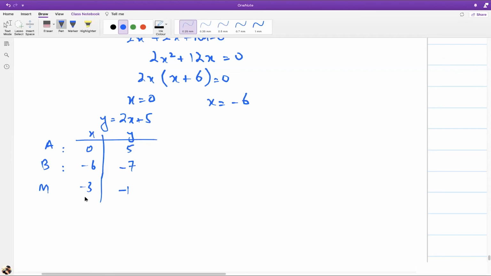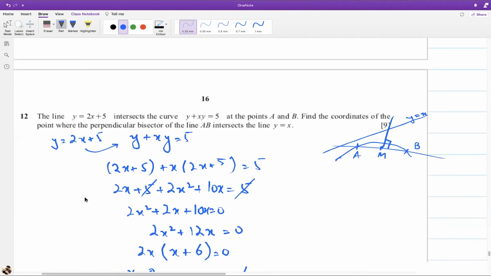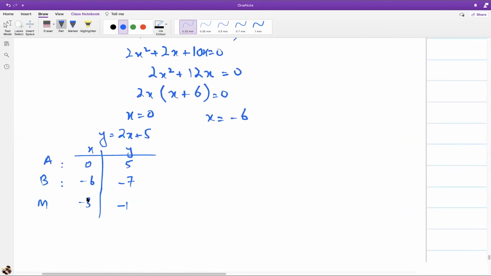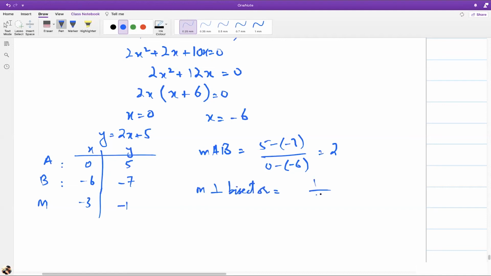ठीक है, अब यहाँ पर मुझे इनका परपेंडिकुलर बाइसेक्टर चाहिए. तो पहले मैं ग्रेडियंट ऑफ ए बी निकाल देता हूँ. ग्रेडियंट ऑफ ए बी will be (5 minus minus 7) over (0 minus minus 6). तो ये बन जाएगा 2. तो gradient of their perpendicular bisector will be, इसको flip करें और sign flip करें, minus half.